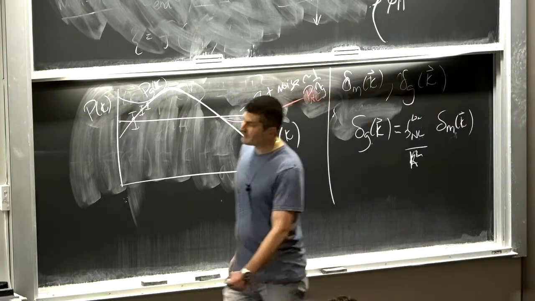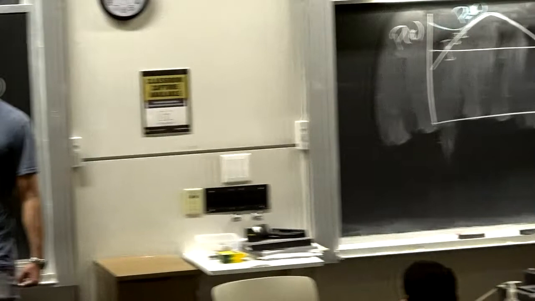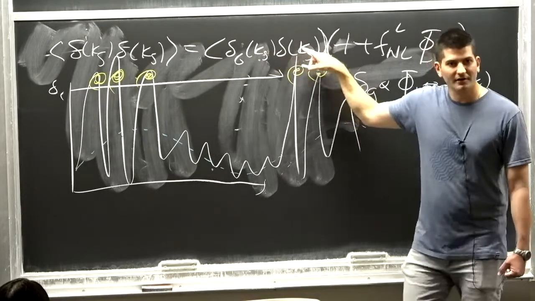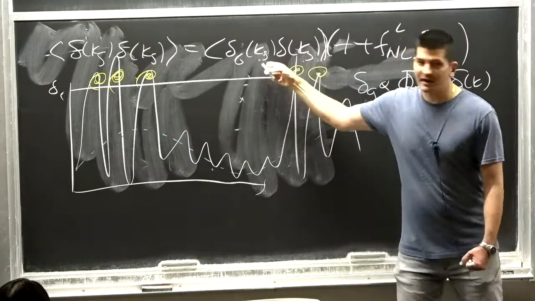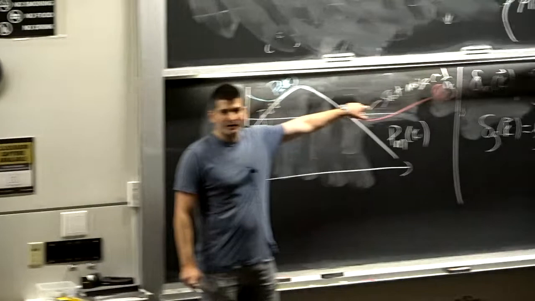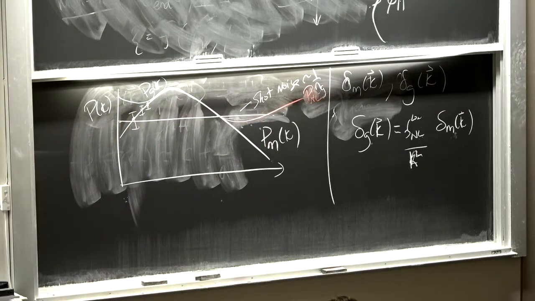And basically, if you put all the numbers in, it's saying that even though we don't literally measure this 2-point function on small scales, the signal to noise scales like we did. So this small scale effect here shows up in the number of galaxies and hence the amount of shot noise. So our fundamental limit is set by the number of modes, including all the short scale modes, even though we never measure any of them.